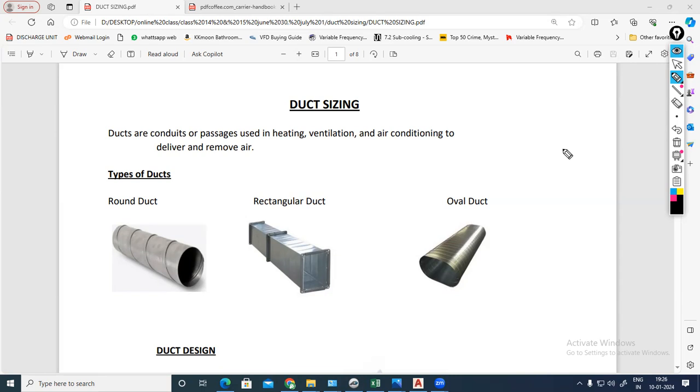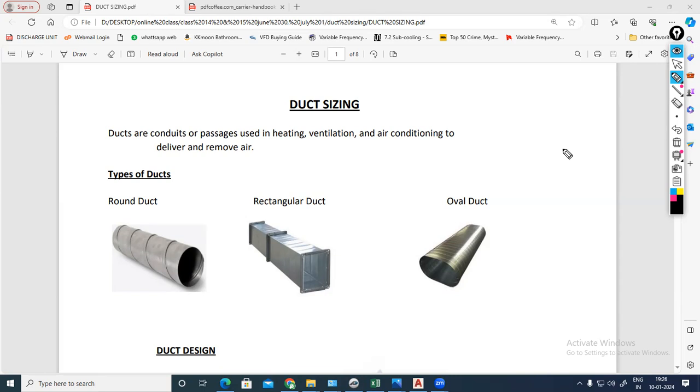We can find it from the ASHRAE standard, or from the Carrier standard, or if you go to air terminal manufacturers, meaning the manufacturers of grills and diffusers, in their technical data sheet they normally provide the maximum permissible delivery velocity of the diffuser as well as the duct. There also we can find it.